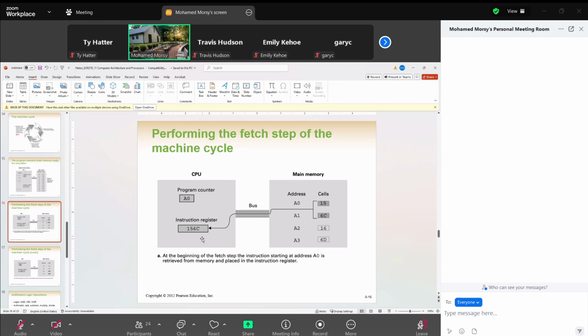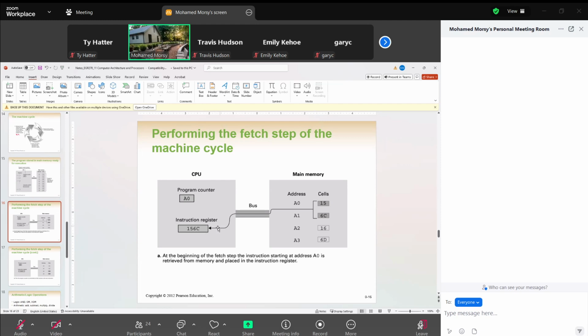We retrieve the contents of the first 2 cells at the beginning of the fetch step. So 156C is retrieved from memory and placed in the instruction register here.